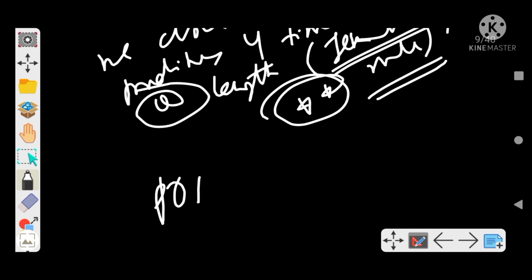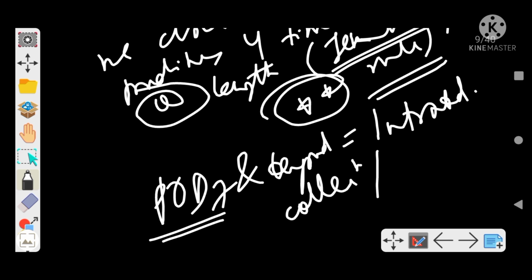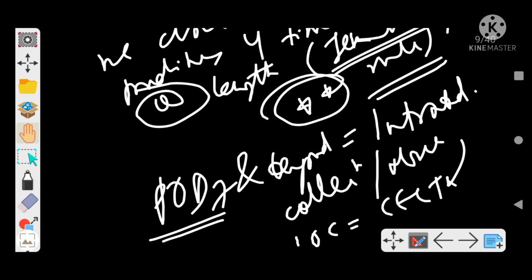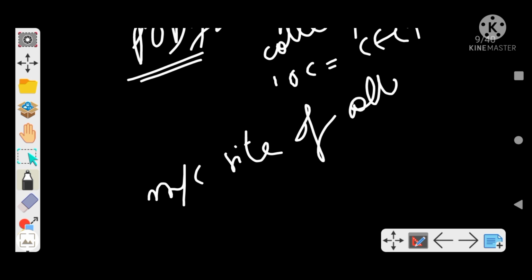On POD7 and beyond, we can have intra-abdominal collections or abscess, and here the investigation of choice will be CECT, of course. Now we will discuss the most common site of collection, which is also important.